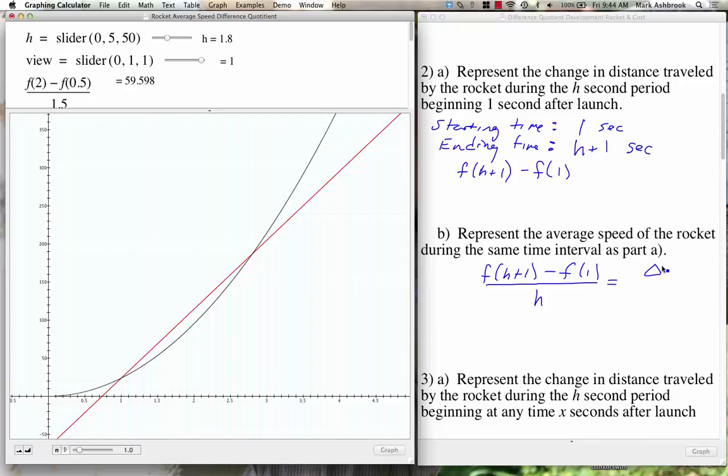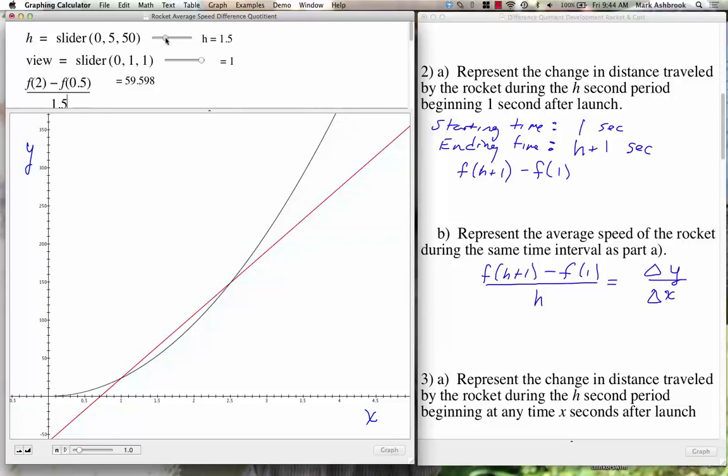Isn't that delta y, or delta d, for our y and x coordinates? Isn't that delta y over delta x? So what quality of the line is that value of average speed represented by?